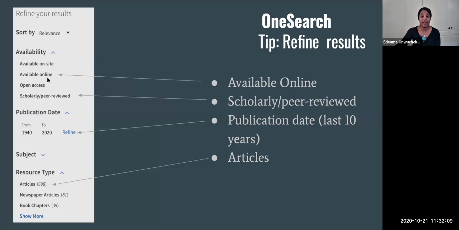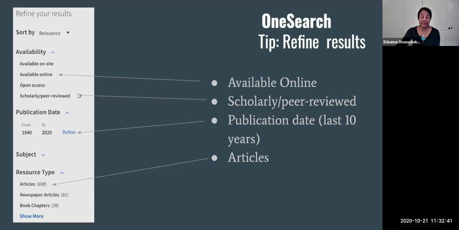If you click on available online, it will take away every other resource that is not available online and give you only the articles or book chapters or electronic books that are available online. First and foremost, it would take away the things that you cannot access online, and leave you with the things you can access online. It will reduce the number of results that you had.